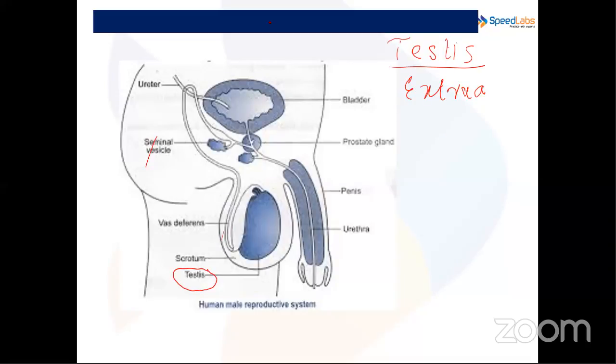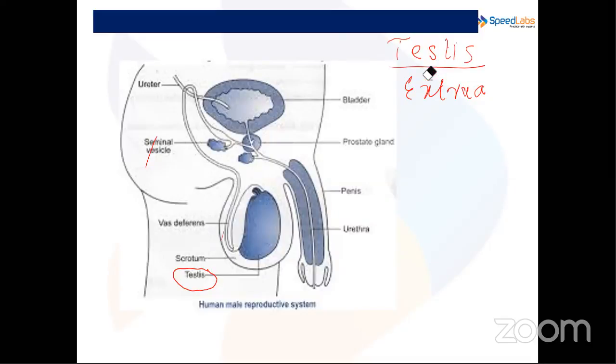The testis is extra abdominal because sperm production and storage requires a temperature 2 to 3 degrees Celsius less than the body temperature. So why do we require scrotum?